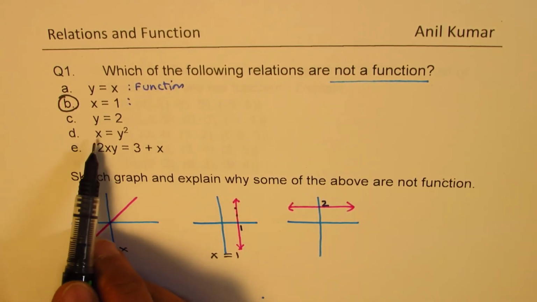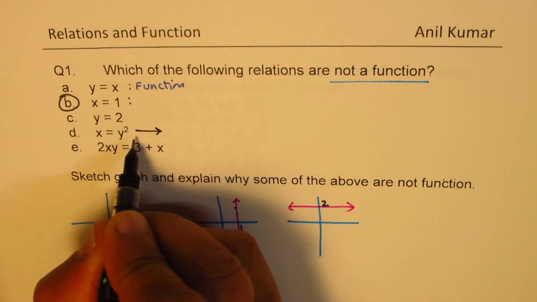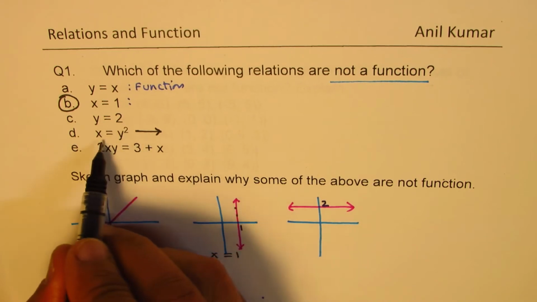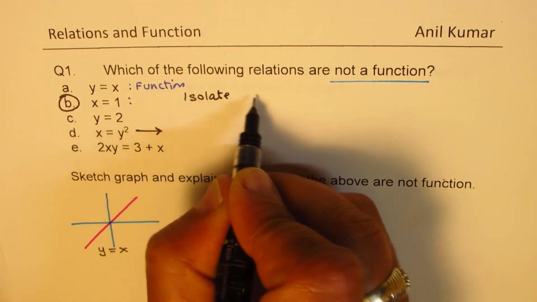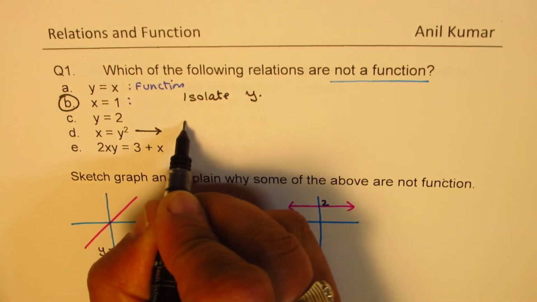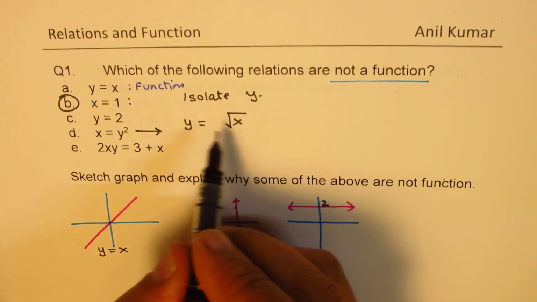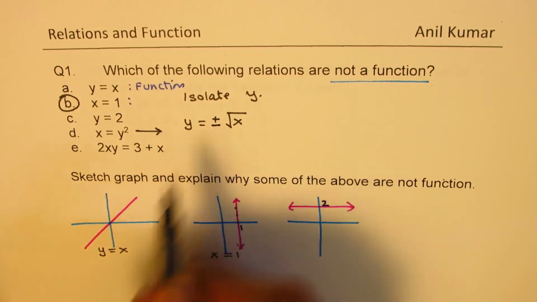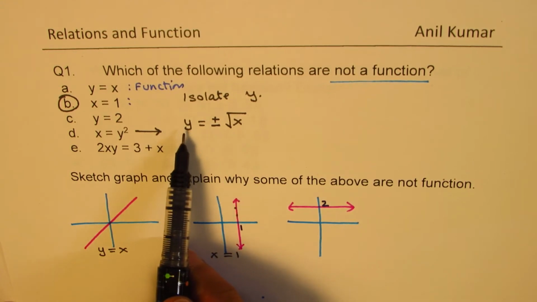Now D is x equals y square. Now in this particular case, what should we do? We should isolate y, right? So we need to isolate y. So what we get here is y equals square root of x. Whenever you do square root, you have to do plus and minus. So for each value of x, we may get two values of y, right?